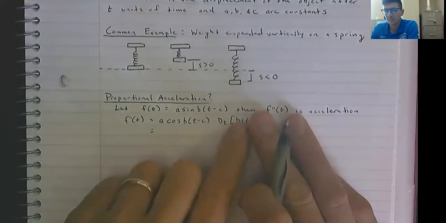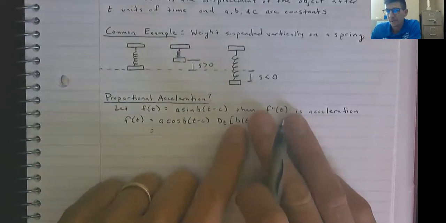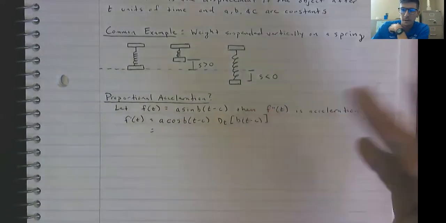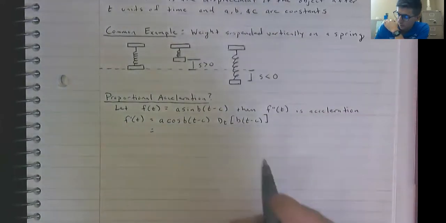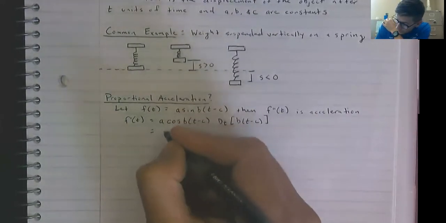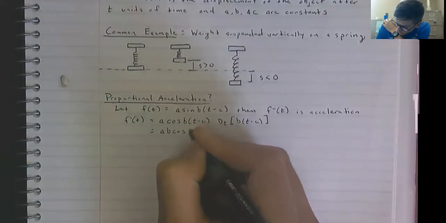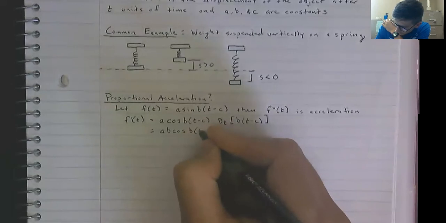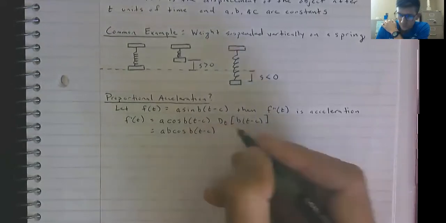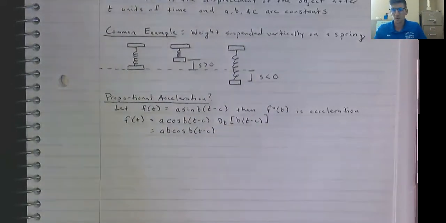Just picture this is 5t, maybe b is 5. The derivative of 5t is 5. So the derivative of bt is just b. A linear derivative is just the slope. And so this turns into ab times the cosine of b times t minus c. That's the first derivative. Now we'll do that one more time.